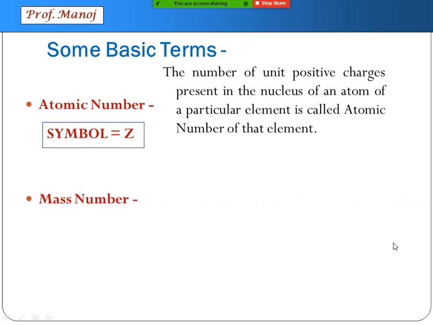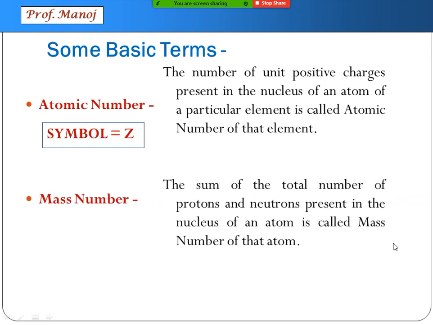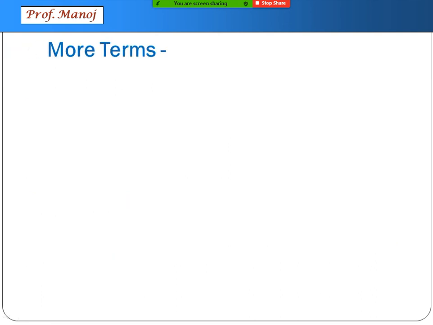Another term is mass number, and this is the sum of the total number of protons and neutrons present in the nucleus of an atom. The symbol for this is capital A. Using atomic number and mass number, we have some more terms. First is isotopes.